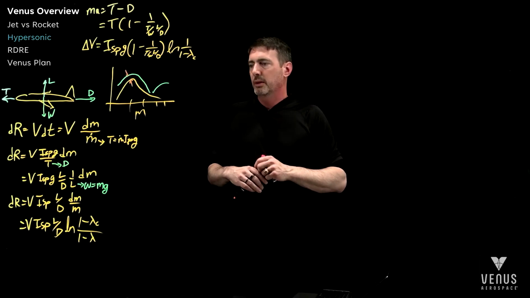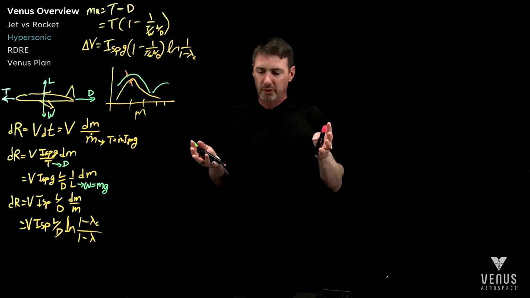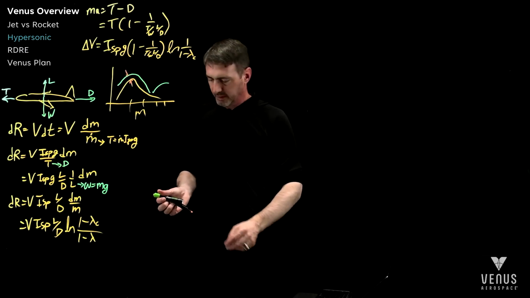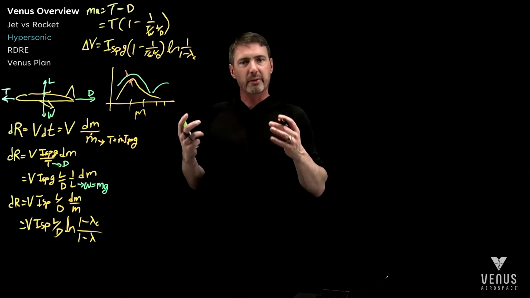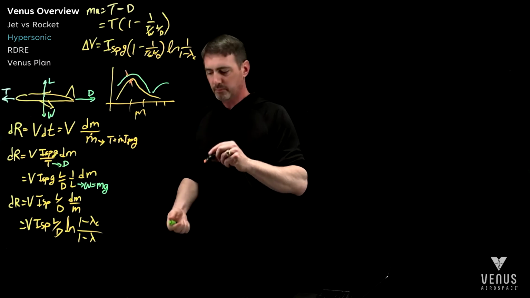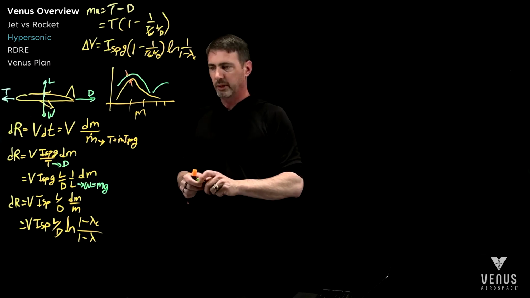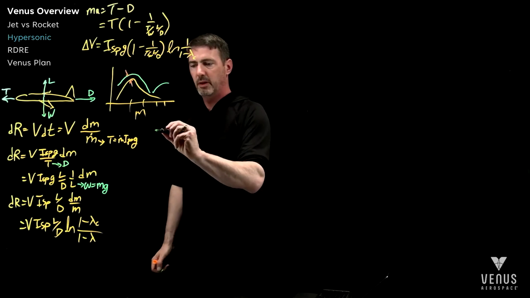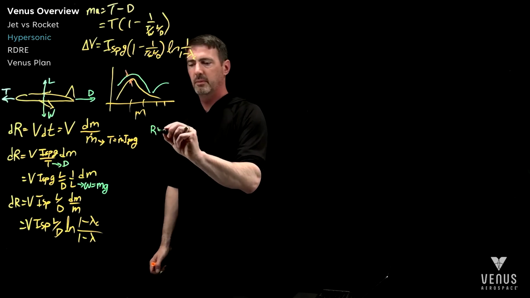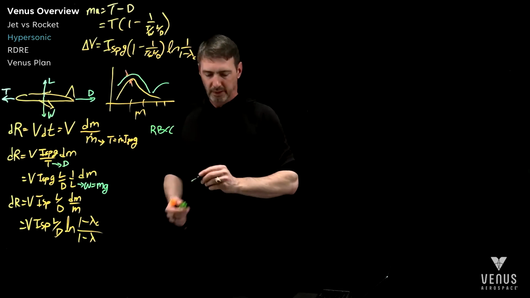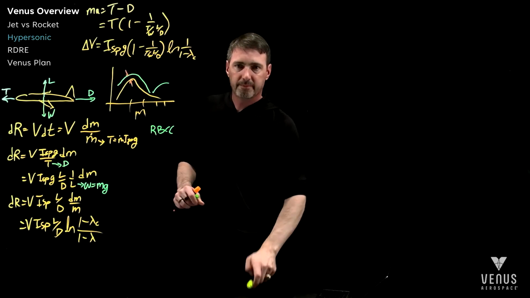And so, as we then want to compare the two systems, rocket-based combined cycle and turbine-based combined cycle, now that we have a little bit of the framework, we'll do 2 things. Giving myself some room here, I'm going to put rocket-based combined cycle in green. And I want to look at a few terms.